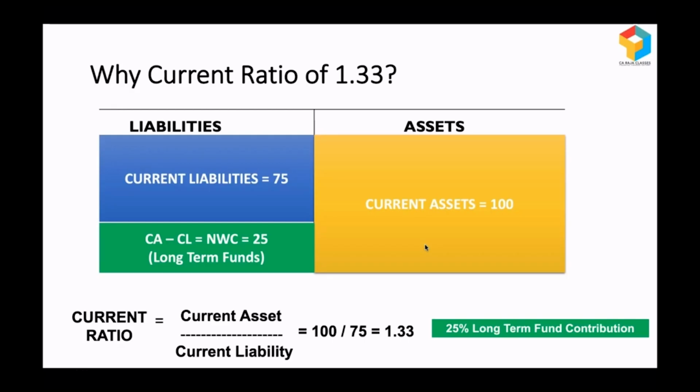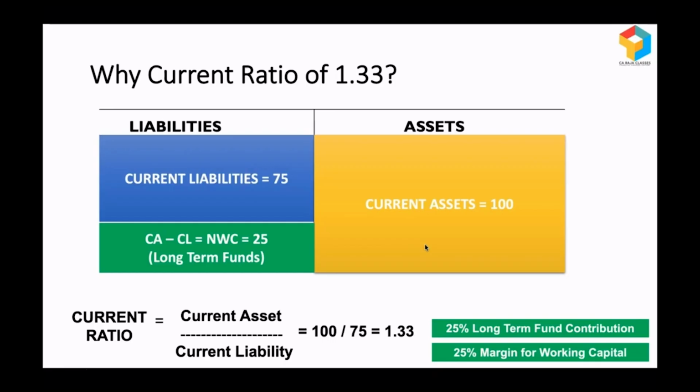For example, if you go and check back the sanction letter issued by your banks for cash credit facilities, generally the margin condition on inventory will be 25%. So it means 25% of the inventory have to be funded by long-term funds, right? So this 25% long-term fund contribution basically represents the 25% margin condition stipulated by banks for working capital, and this is the logic behind 1.33.